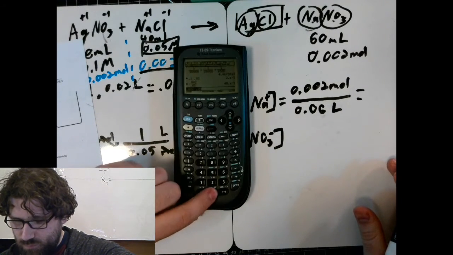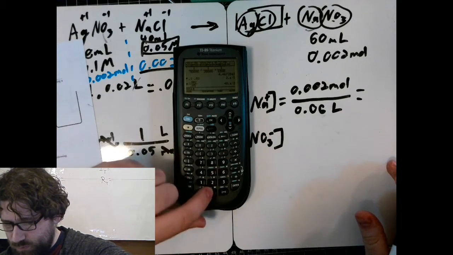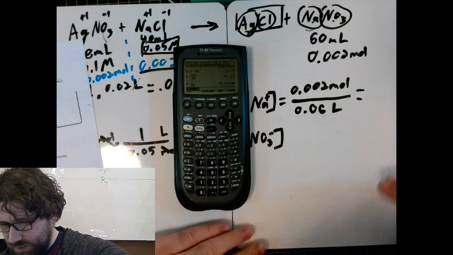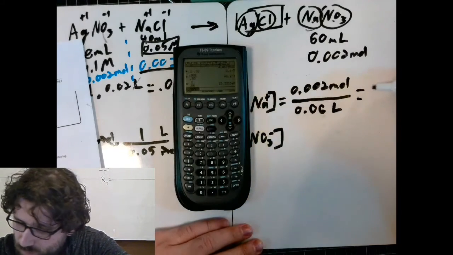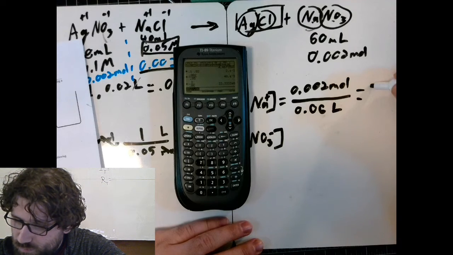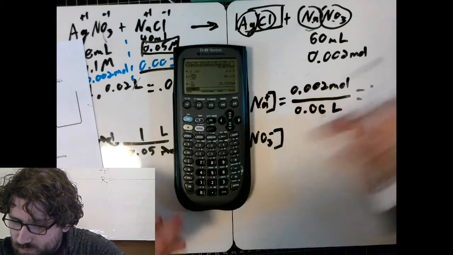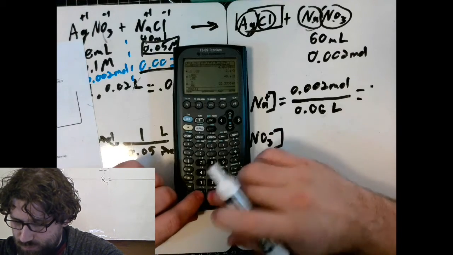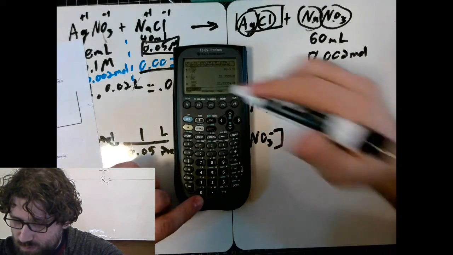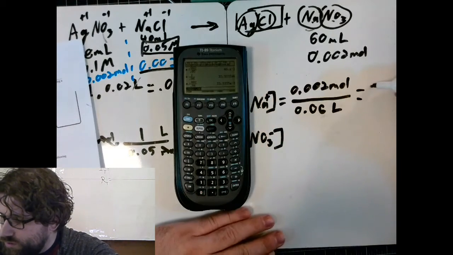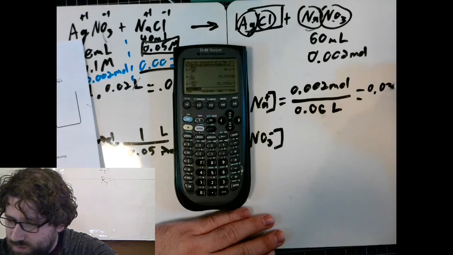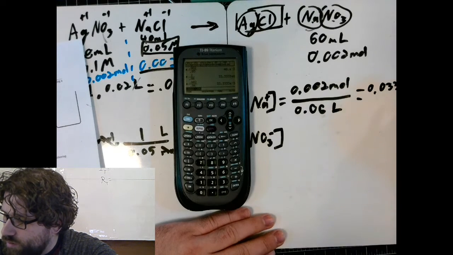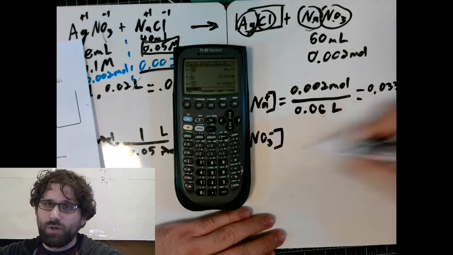So 0.002 divided by 0.06 gives me 33. Oh, that's why. 0.002 divided by 0.06. There we go. So I should get 0.033 molar.